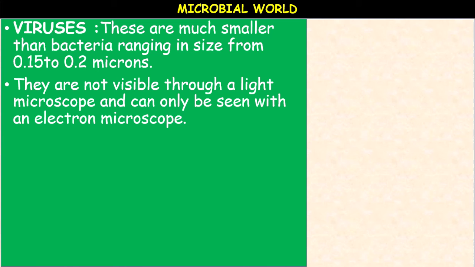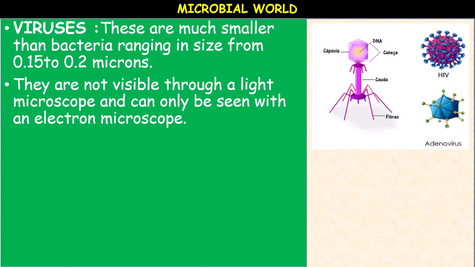The remaining microorganisms which we have studied, like bacteria, algae, and fungi, are visible with a normal microscope, but viruses are so small that we can't see them with our naked eyes. We definitely require an electron microscope to study the viruses.